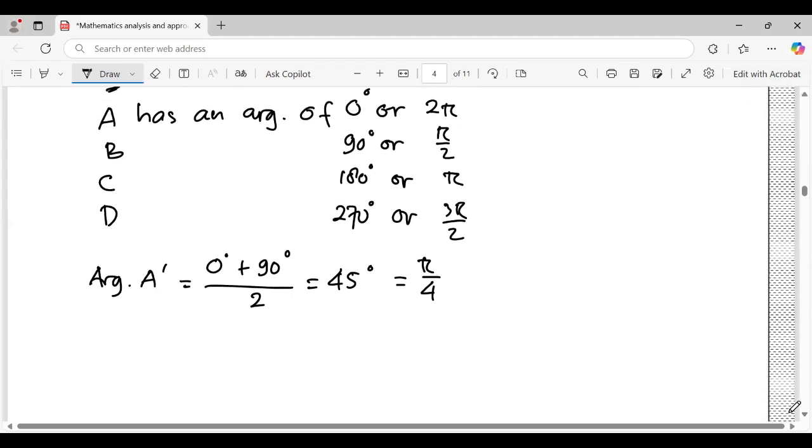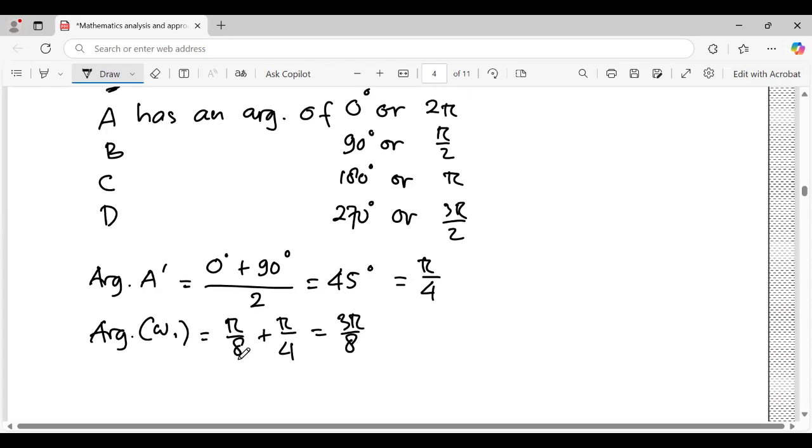We can determine the arguments of B accent, C accent and D accent too, but we just find the argument of A accent based on the question. The argument of w1 equals pi over 8 plus pi over 4, which is 3 pi over 8.